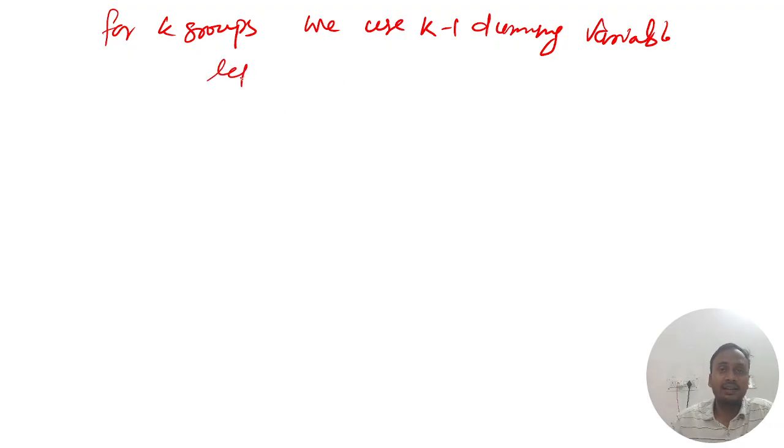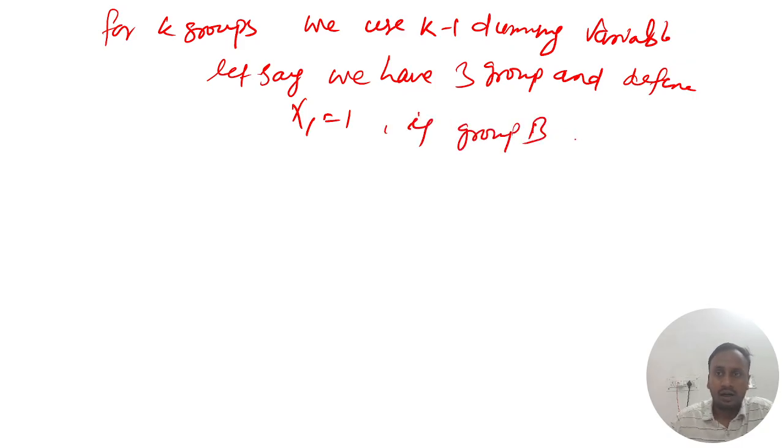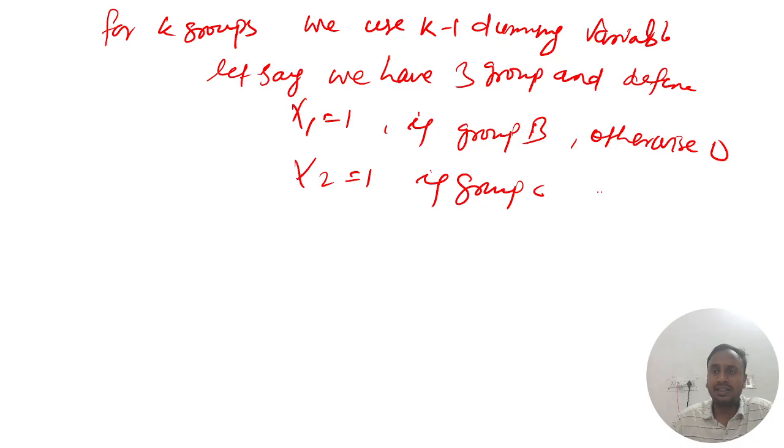So let's say we have three groups, and so we can define x1 equal to 1 if it belongs to group B, otherwise 0. X2 equal to 1 if it belongs to group C, otherwise 0.